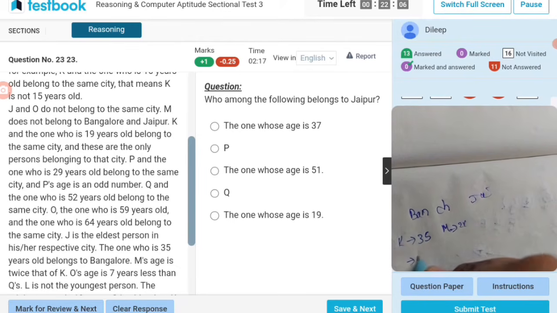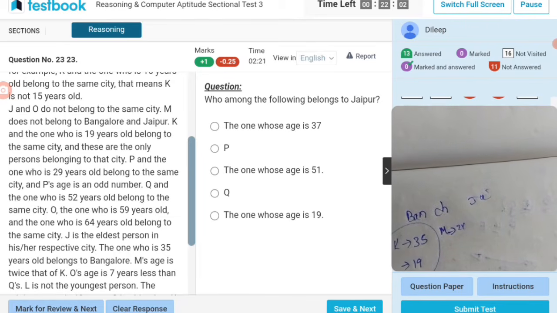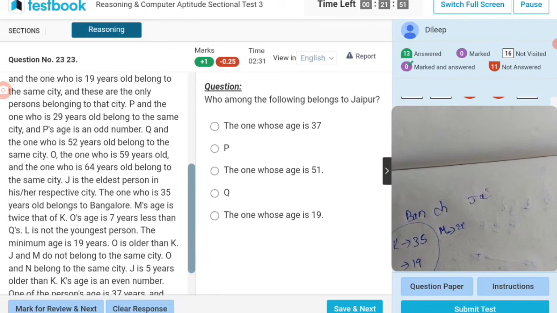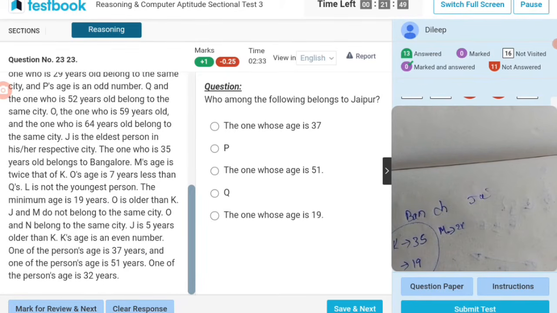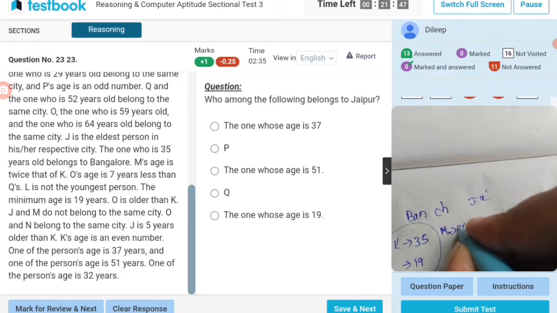K and the one who is 19 years old. So two possibilities. M is twice of K, 70.